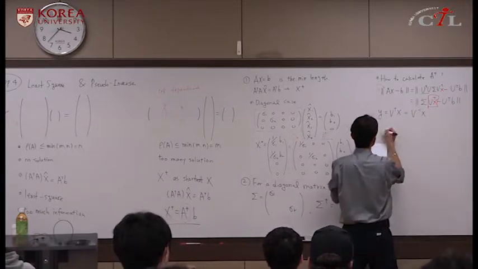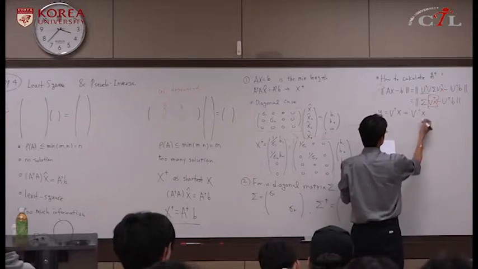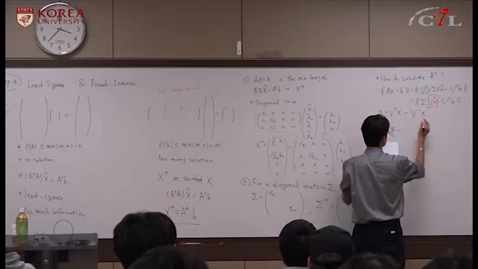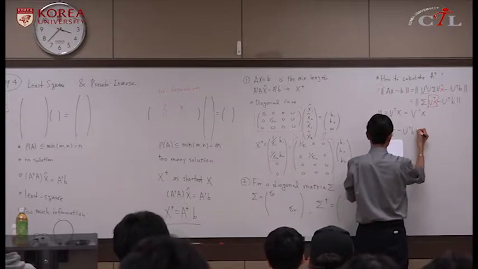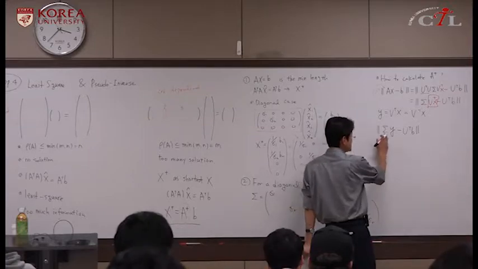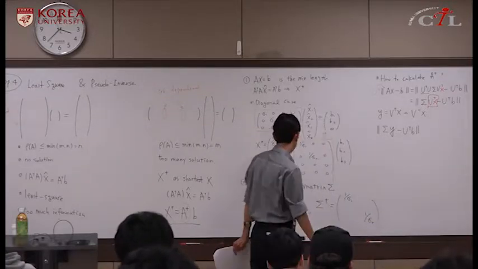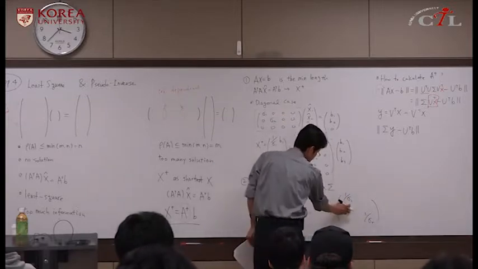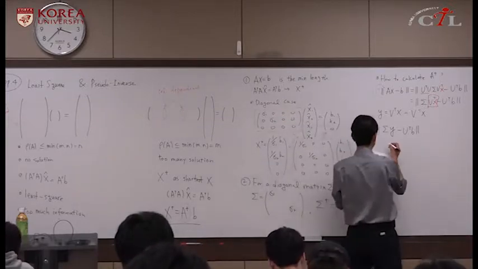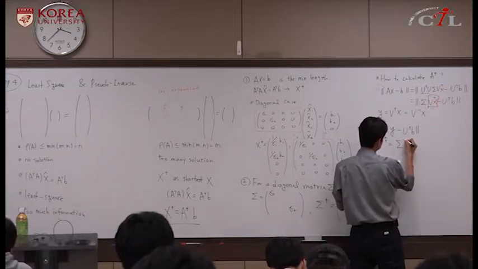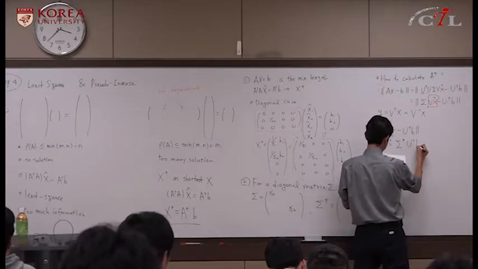So the original equation is the length of sigma y minus U transpose b. Now, sigma is the diagonal case. In the case of diagonal, its pseudo-inverse is given by this form. So y pseudo will be sigma pseudo U transpose b.